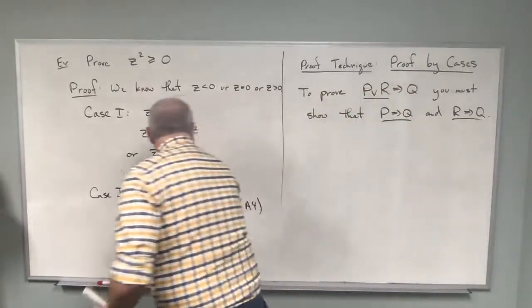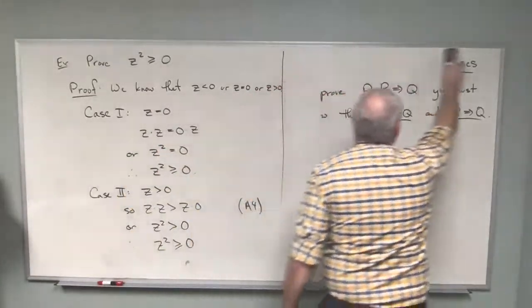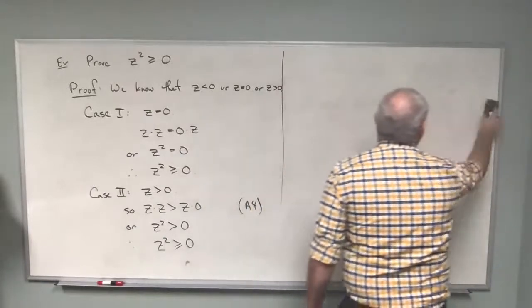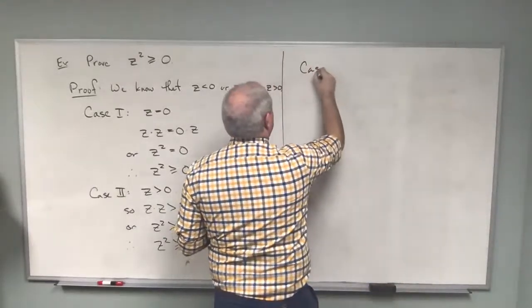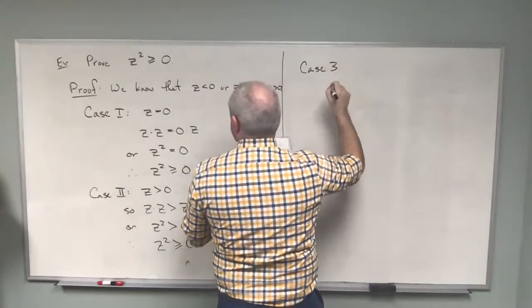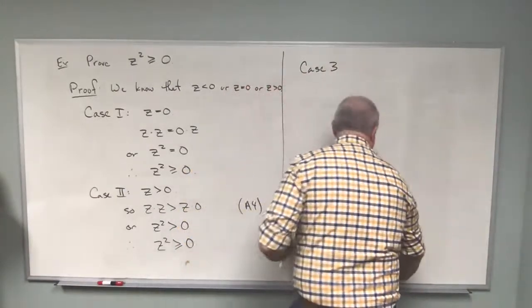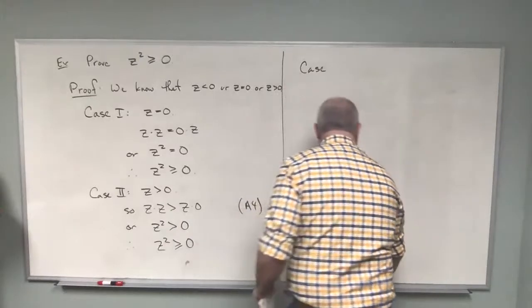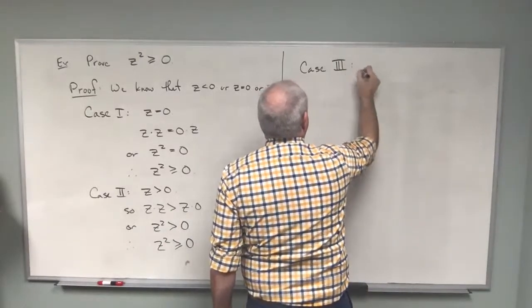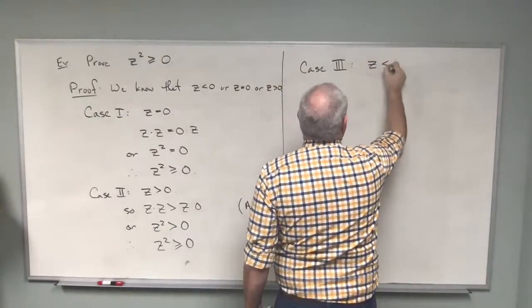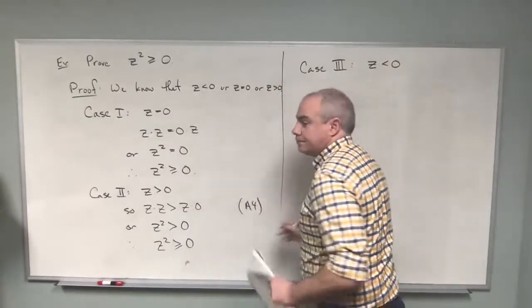So now let's write down our third case here. Case 3, or maybe I should use my Roman numerals since I started with Roman numerals. So case 3 would be that z is less than 0.